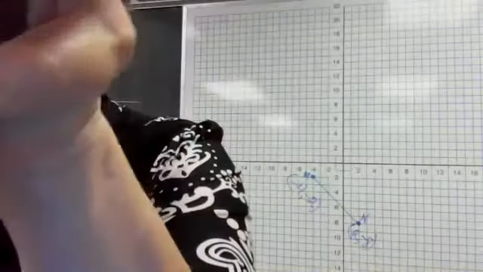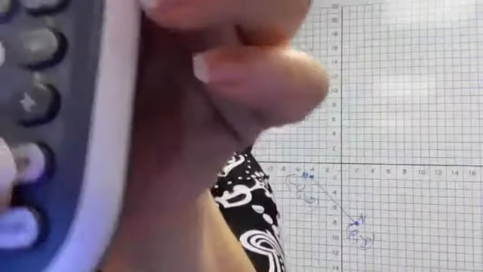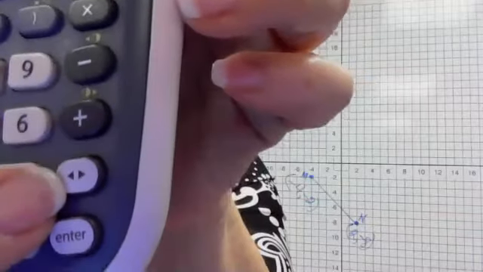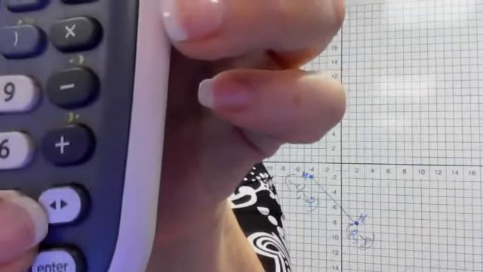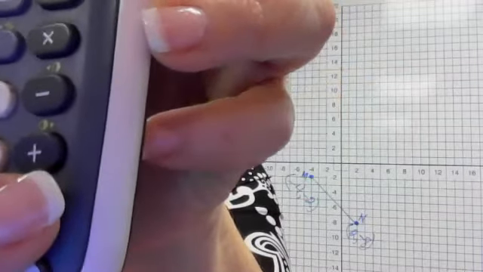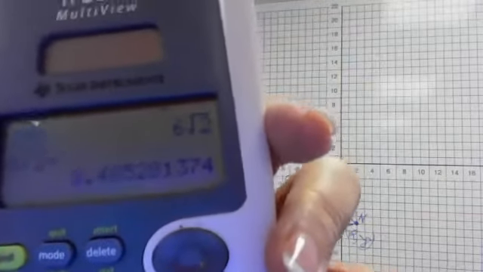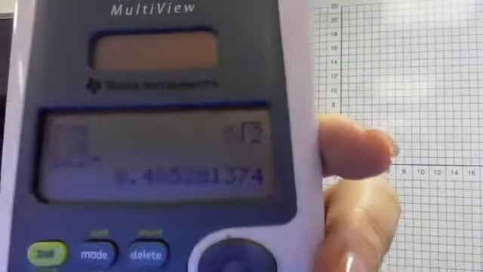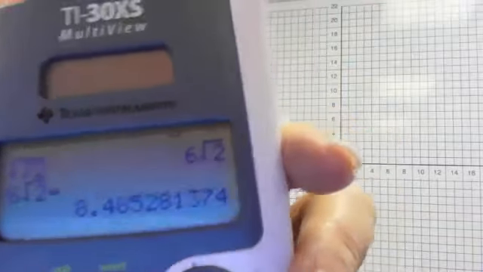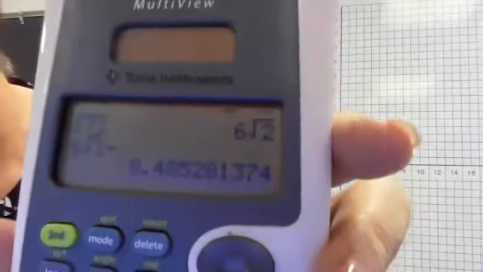If you push this toggle switch once, then it will give you the decimal equivalent to the square root that we just had.